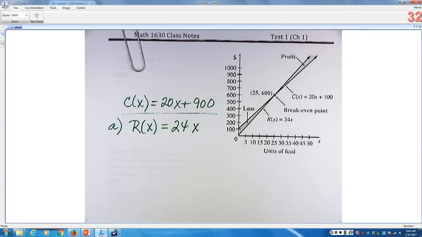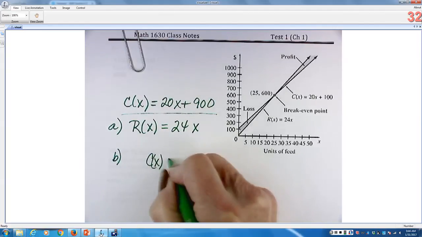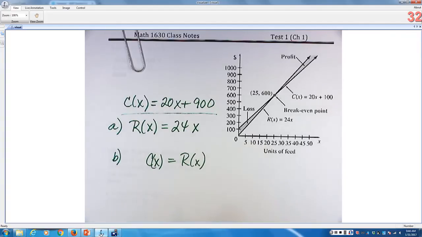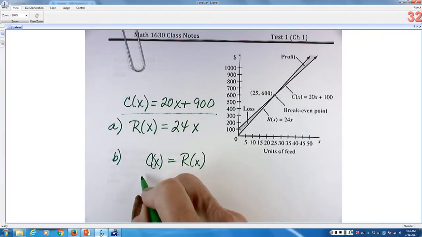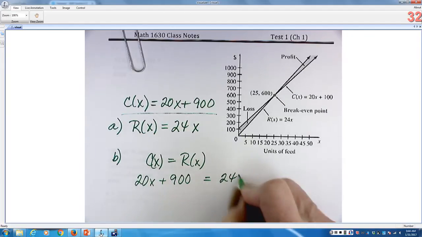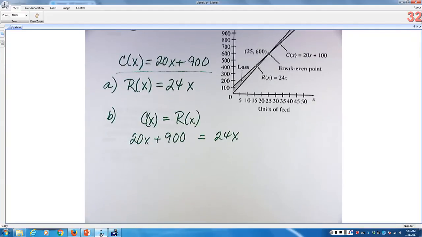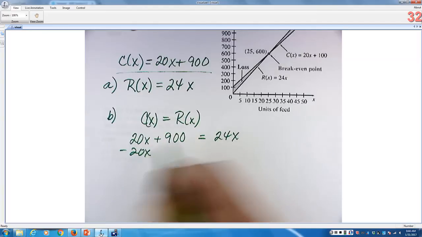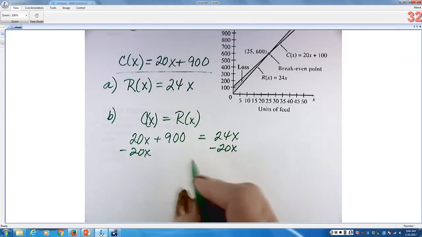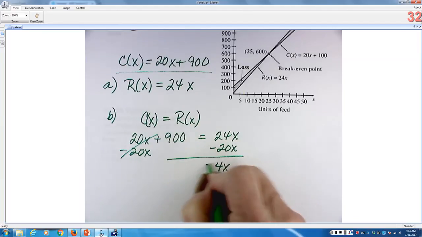How many units do they have to sell to break even? They will break even if C of x is equal to R of x. So they're going to break even algebraically. We can find it by saying 20x plus 900 is equal to 24x. And if we subtract 20x from both sides, we get 4x is equal to 900.